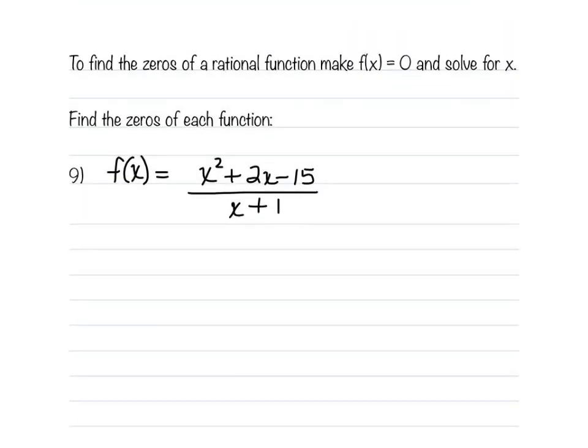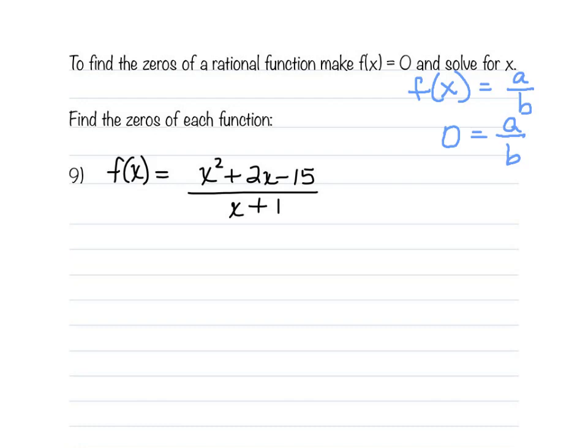Okay. To find the zeros of a rational function, what you will do is make f of x equal to 0, and then you will solve for x. So, if f of x, for example, is equal to a over b, and we substitute 0 for x, f of x equals a over b, we're going to be solving for making this rational expression equal to 0.